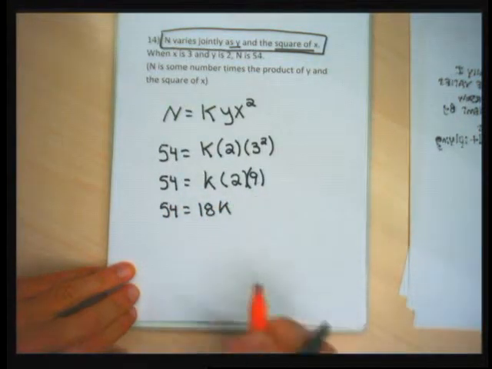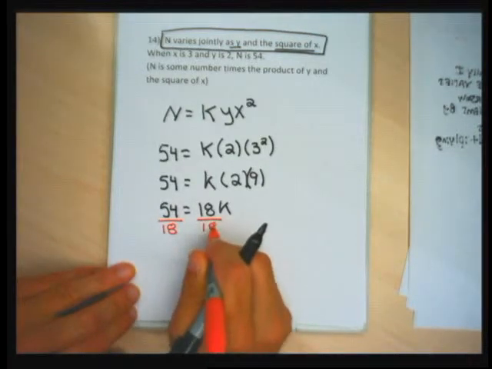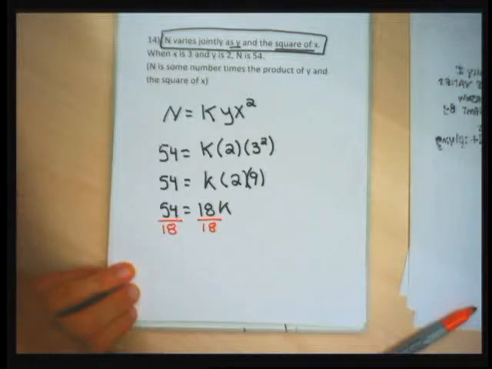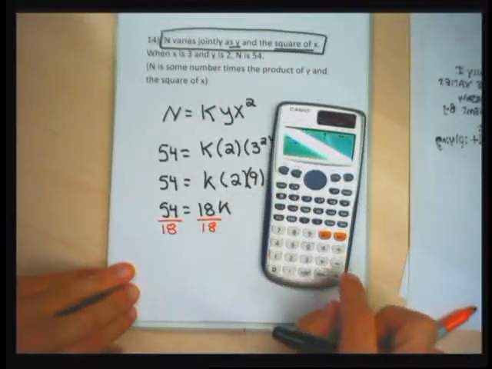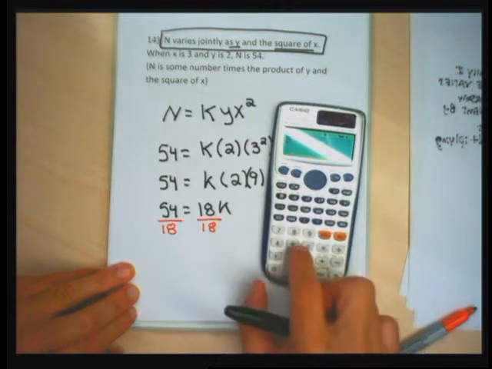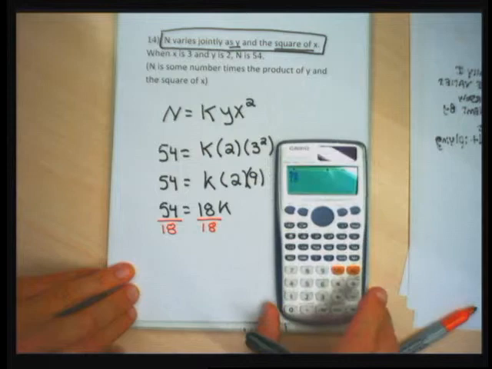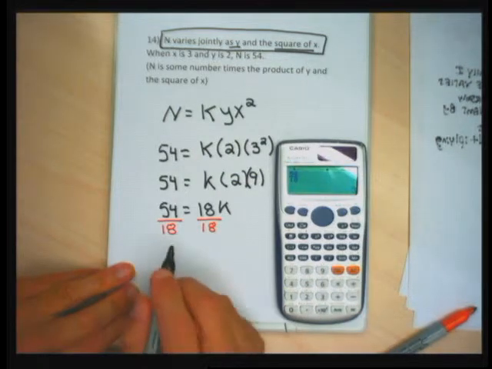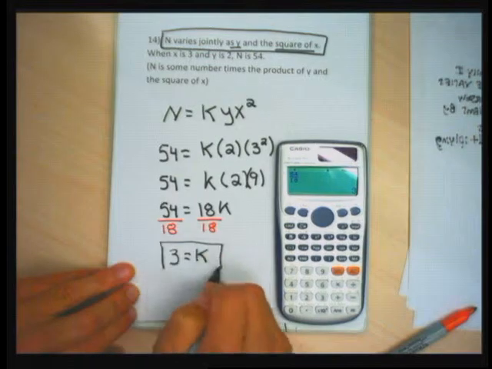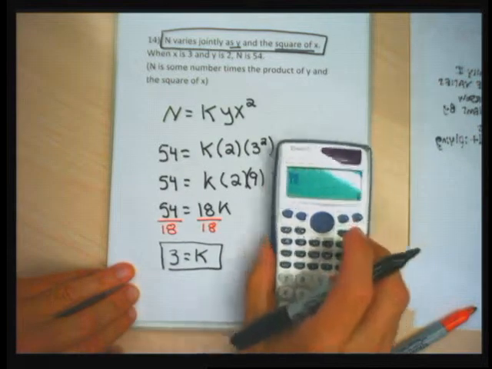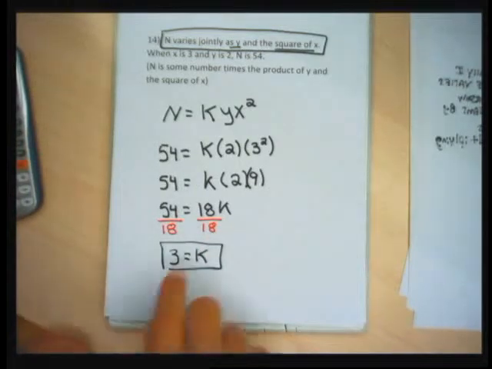And then I'm going to divide. I divide 54 over 18. I think it's 3. I do 54 over 18 on this calculator, I get 3. So the answer is going to be 3 equal to k. A few of the answers in the homework will be fractions or decimals, but most of them are just going to be nice numbers.